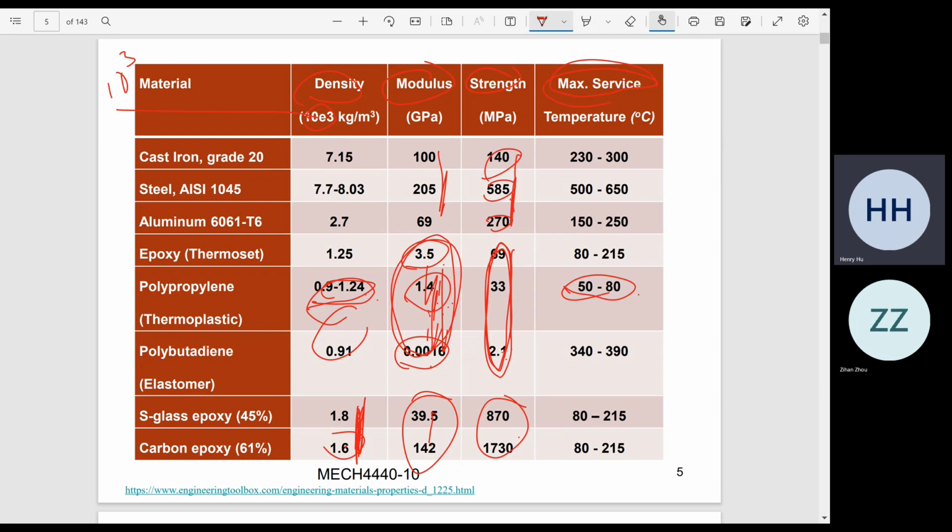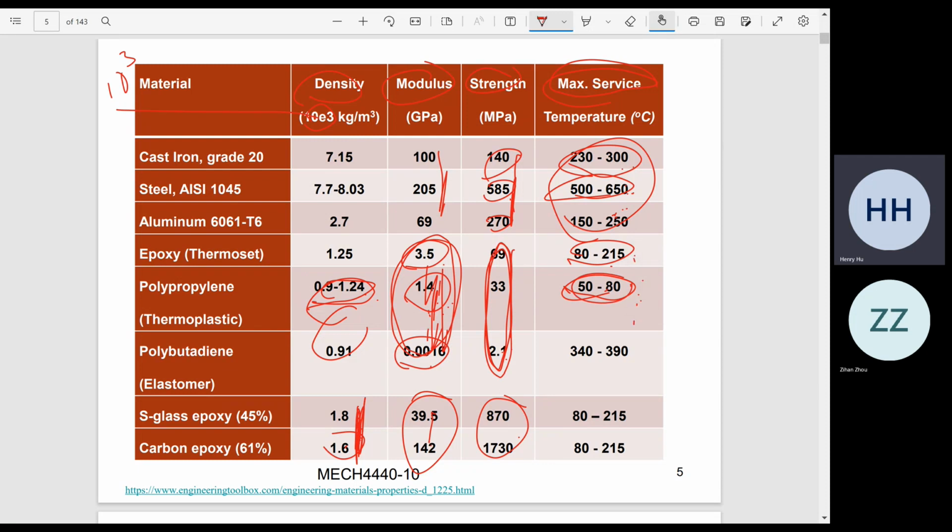And surface temperature, plastic compared with metal. Metal is normally for aluminum at least 200 degrees C, and for the steel 500 degrees C, no problem. And cast irons 300 to 400 degrees C shouldn't be a problem. But for the thermoset and the thermoplastic, they're very low.